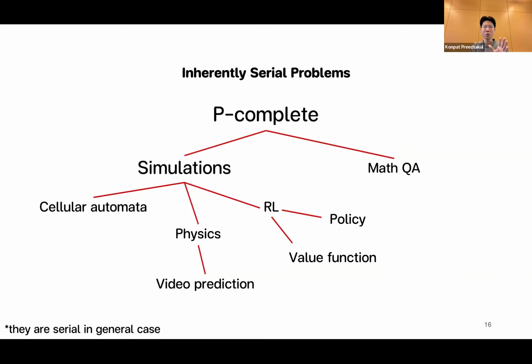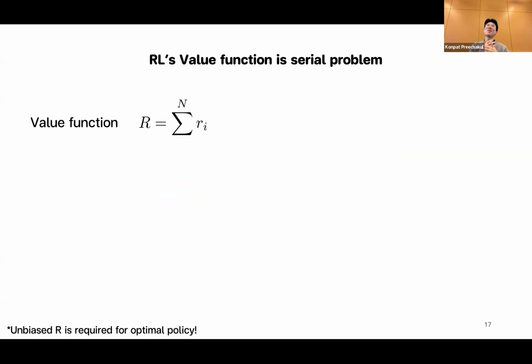Let me show you in the case of the value function. The most important quantity in RL, needed to be able to improve the policy, is called the value function. And roughly speaking, it's a sum of the future rewards of your current policy.